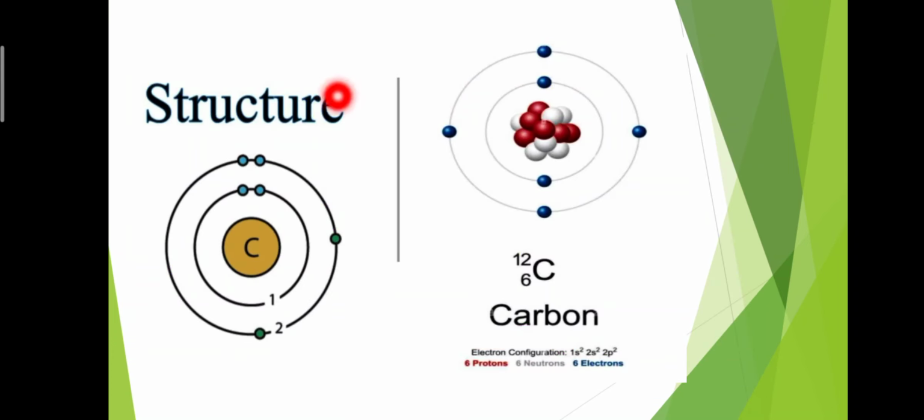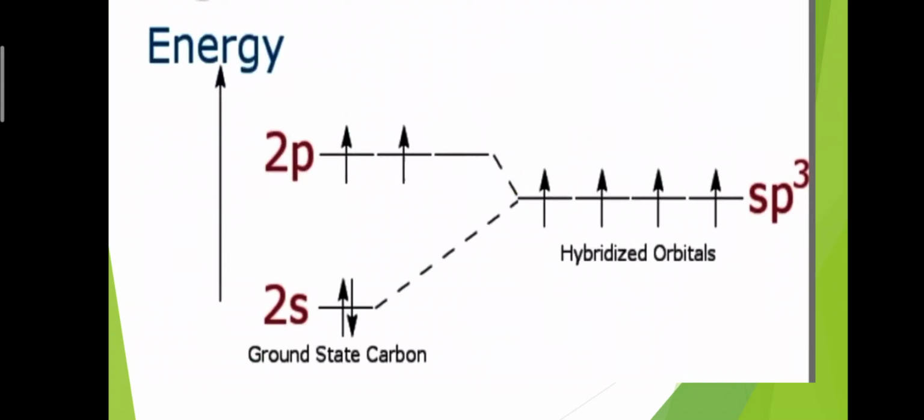This is the structure of carbon, 1s2, 2s2 and 2p2. In the ground state, 2s2 and 2p2 orbitals. Now in the hybridized orbital, it is sp3: 2s1, 2px1, 2py1 and 2pz1. They hybridize together to form sp3 hybrid orbitals.